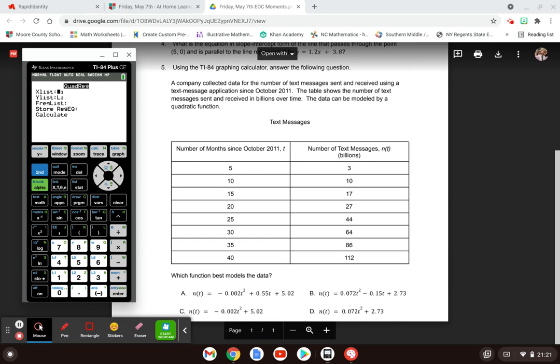And now I press enter. And there's my equation. All right, so to find the correct answer, you're going to have to do a little bit of rounding on your b value, it looks like. But as you look at it, you could see the correct answer is going to be B.